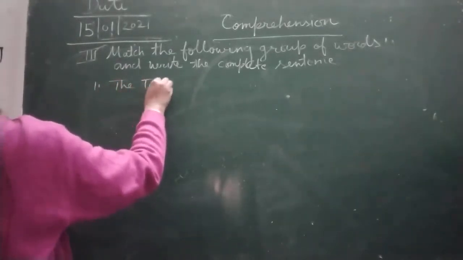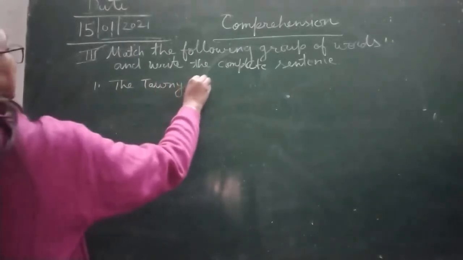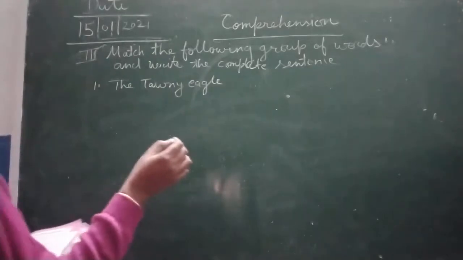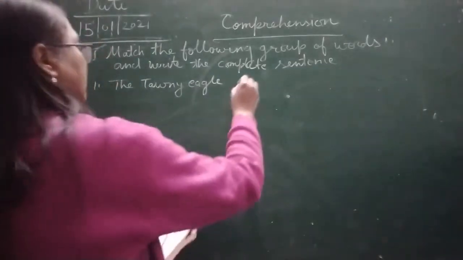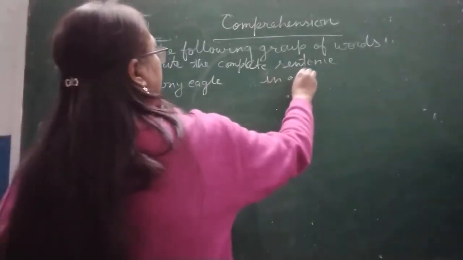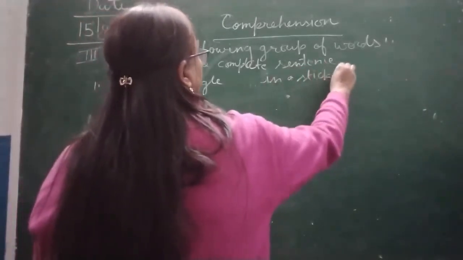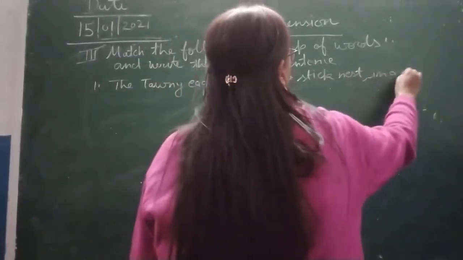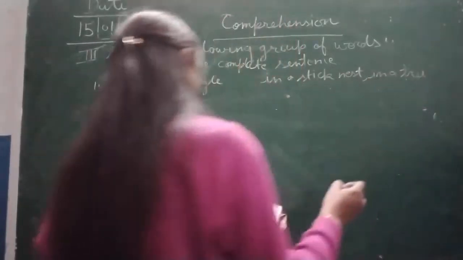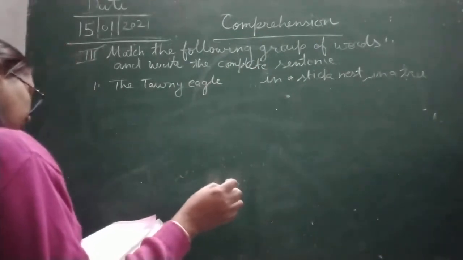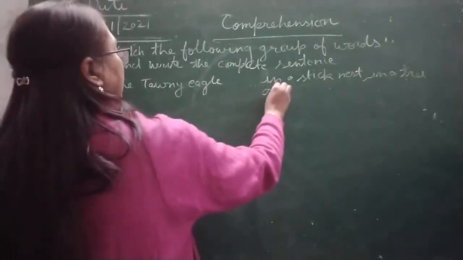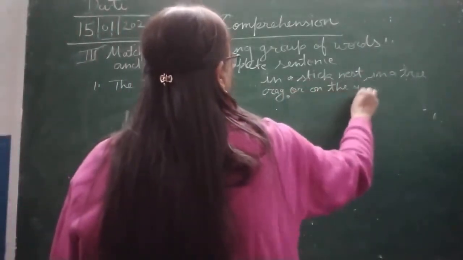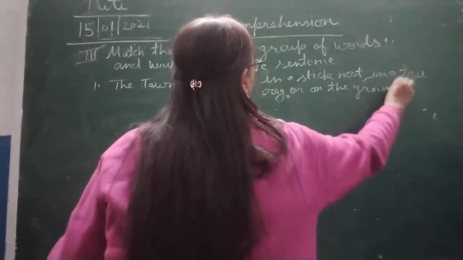The tawny eagle. Now second, in a stick nest in a tree, crag or on the ground.